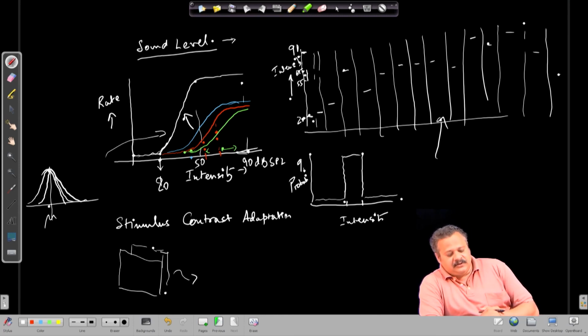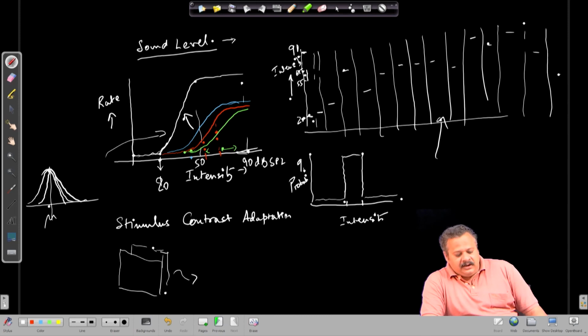So, this particular example again can be used to study phenomena like how we adapt to different intensities under different situations, and how the retinal pathway is organized.